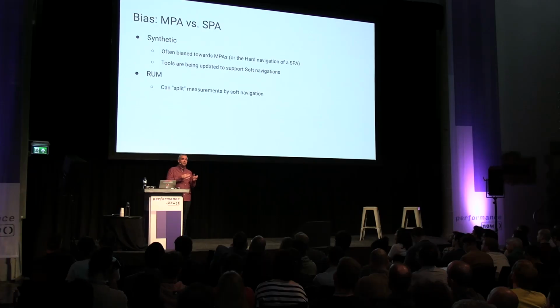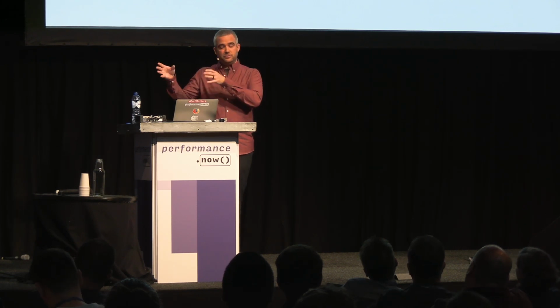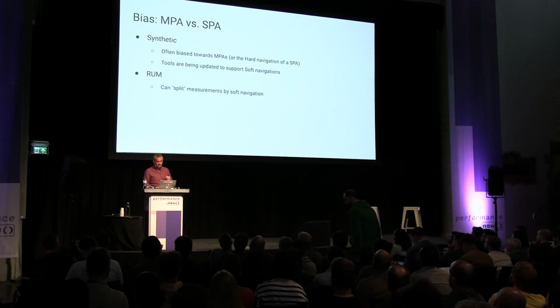So RUM, for example, can often split our measurements, not only for the initial page load, what we call the hard page load of a SPA website, but we can also split the measurements across all soft navigations that happen as well. So these are all the interactions that you're doing, all the route changes that you're doing. And so, for example, RUM data can split cumulative layout shift by each of those soft navigations. And we measure both as part of our data set.